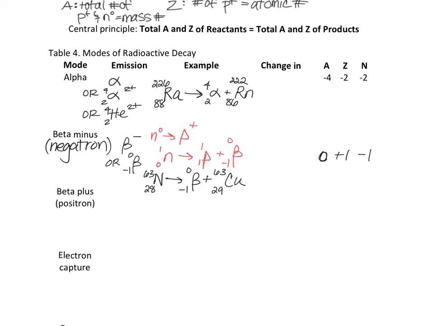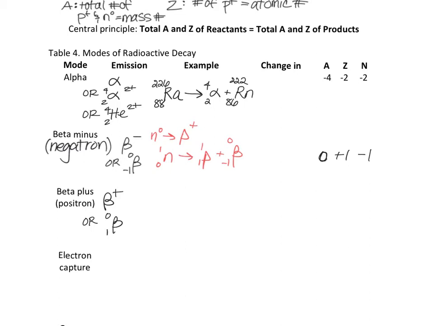So let's get into positron emission. I'm just going to clear a little bit of space right here for myself because I kind of invaded the bottom territory. Okay, so you may see positron denoted beta plus, like this, with a beta and a plus, or you could also see it like this, beta 1 and 0.